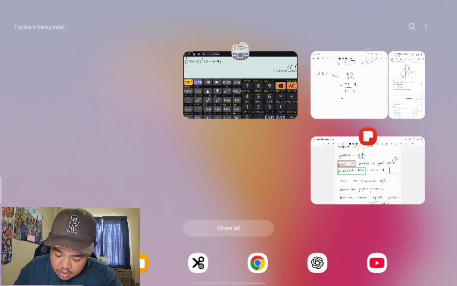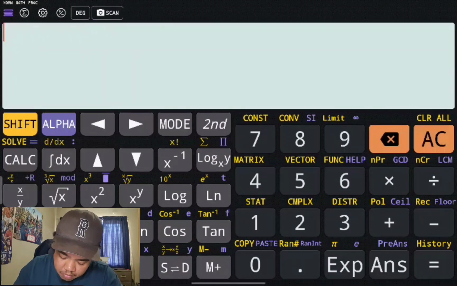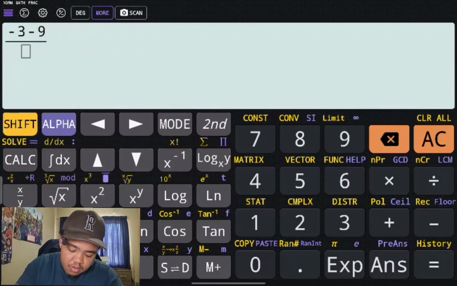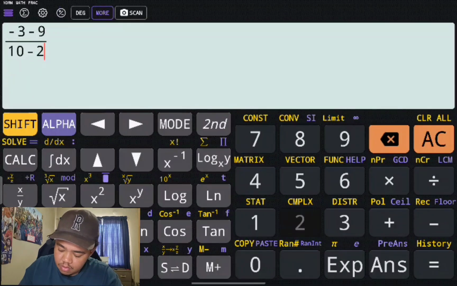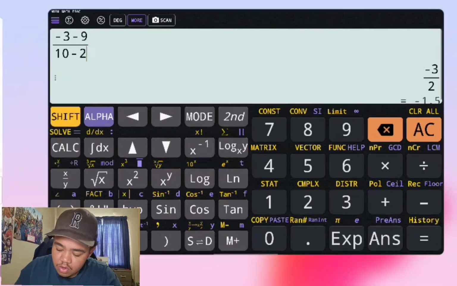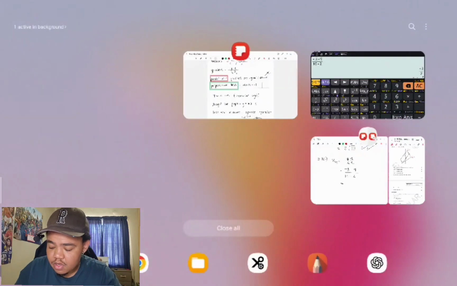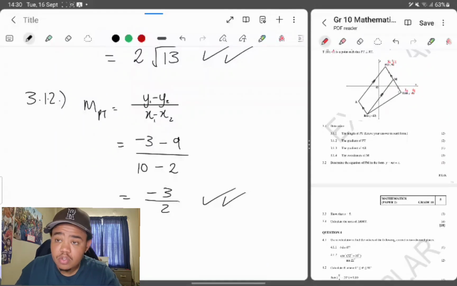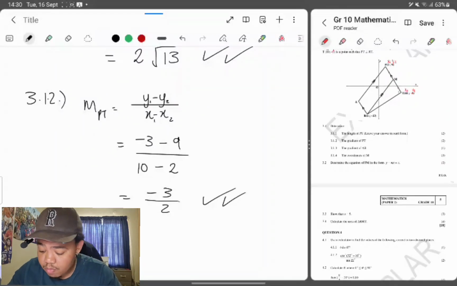Substitute that in your calculator again. So minus 3 minus 9 over 10 minus 2. Your answer is negative 3 over 2. Negative 3 over 2. Okay, there's another 2 marks. Simple so far, guys. 4 marks.